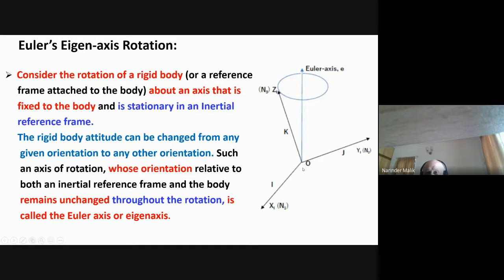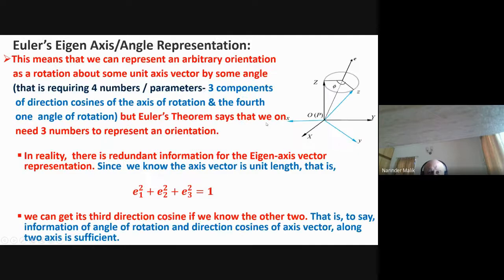The x-axis would have moved in a plane perpendicular to this cone, and the y-axis would be lying in that plane. Now what is happening is this Euler axis is fixed in the body. So it has certain direction cosine values, and phi is the angle by which you are making a rotation.